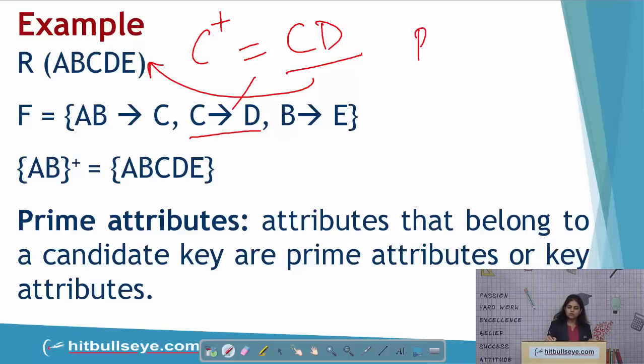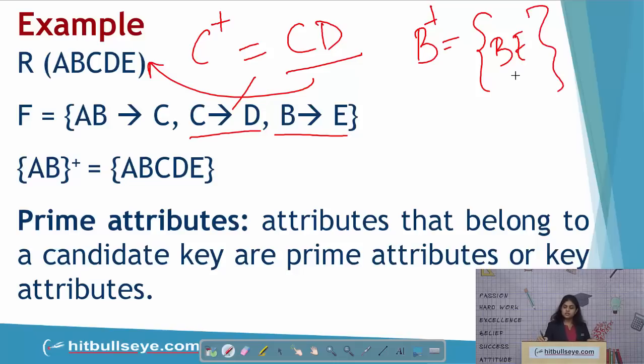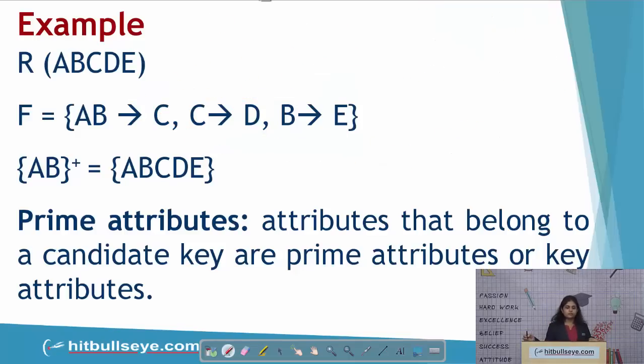If I talk about B, what does that mean? It will add B, it will add E from this, it will not add anything else. Is BE equal to ABCDE? Still, no. That means B also cannot represent the candidate key or all the attributes of the particular relation.